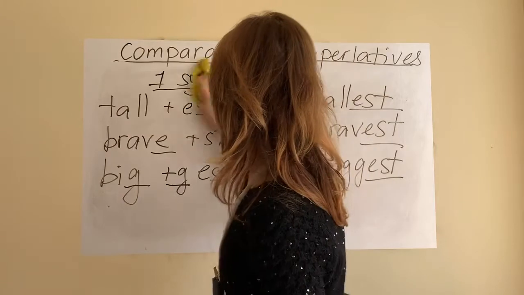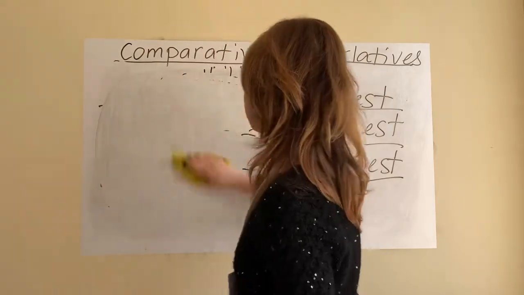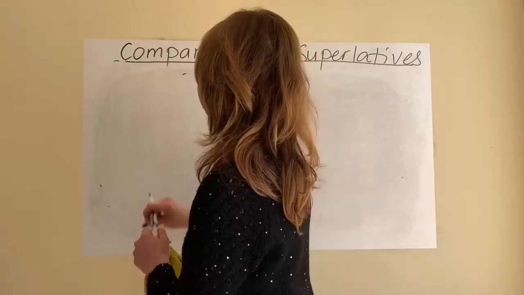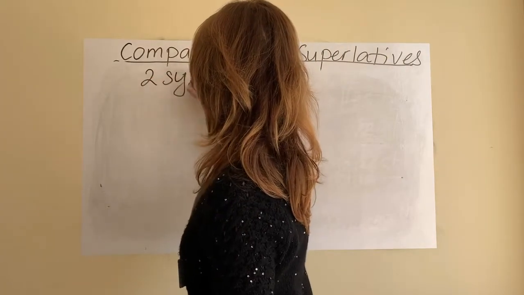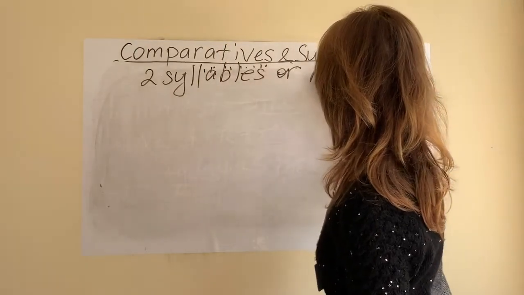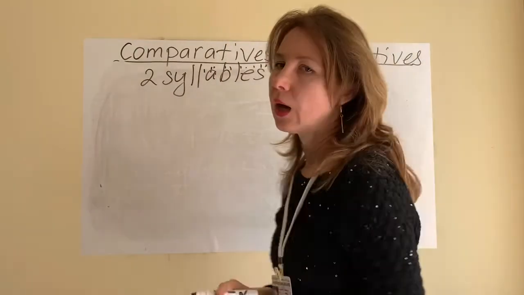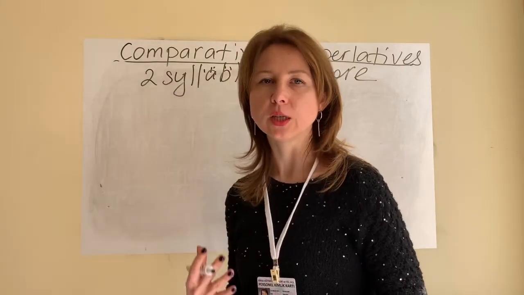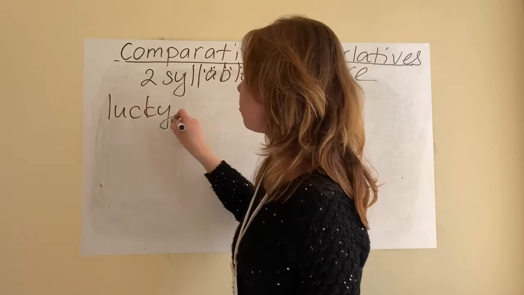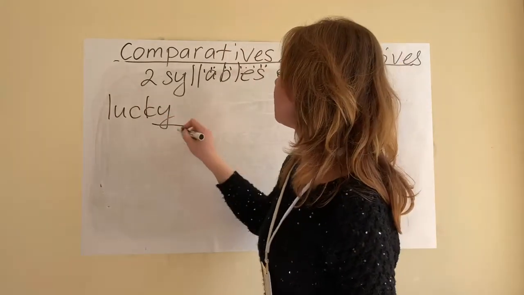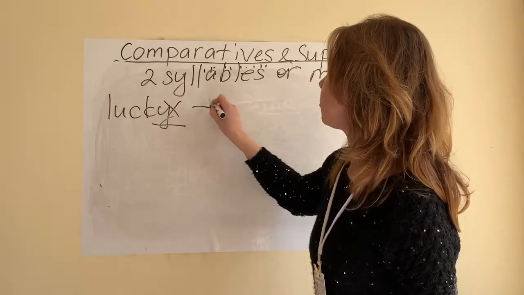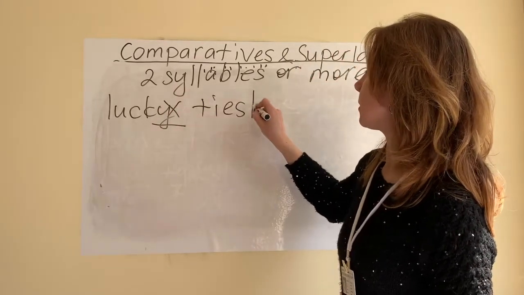Okay, so if the adjective has two syllables or more, again, we need to pay attention to the last letter. If the letter is Y, we don't use this Y anymore, but we add IEST.